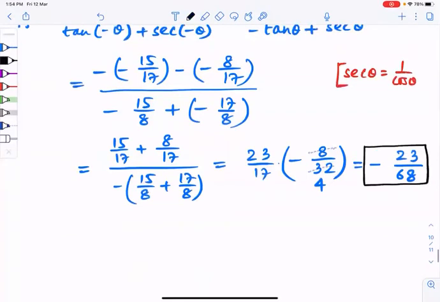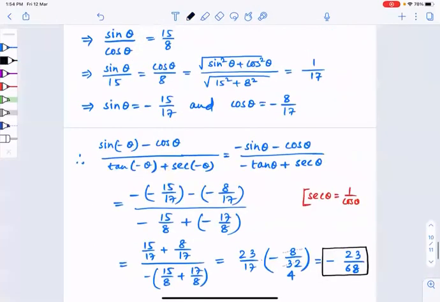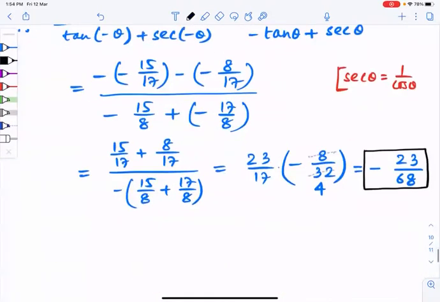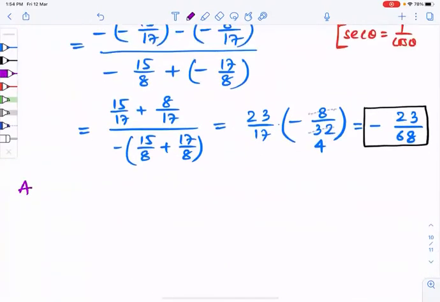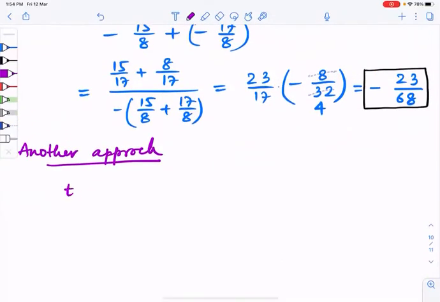Okay, so this is one of the approaches to solve this question. There can be other approaches to this also. Another approach: if we are given that tan theta is equal to 15 by 8, then we just draw a right angle triangle ABC, where we take this angle as theta.